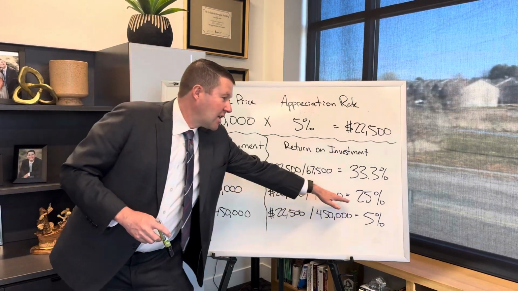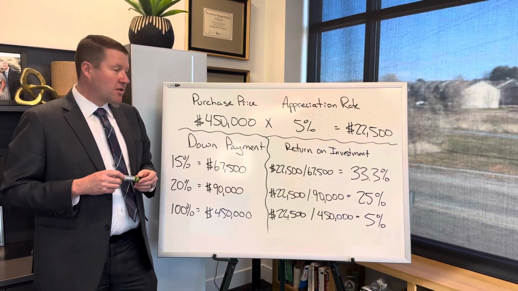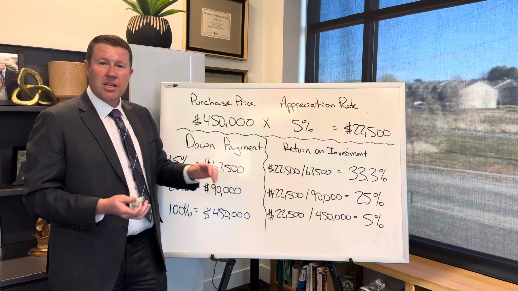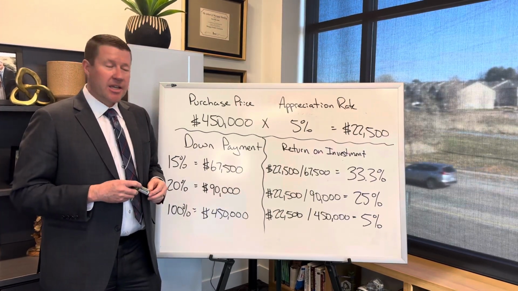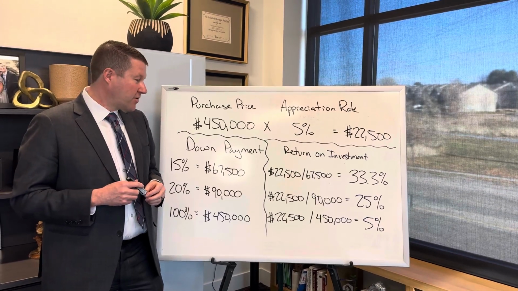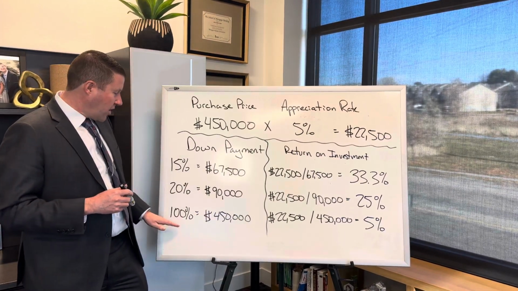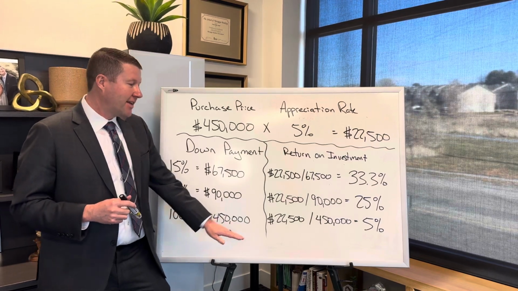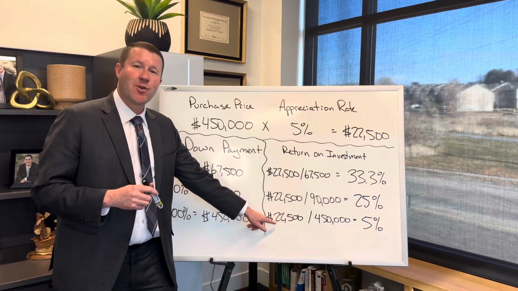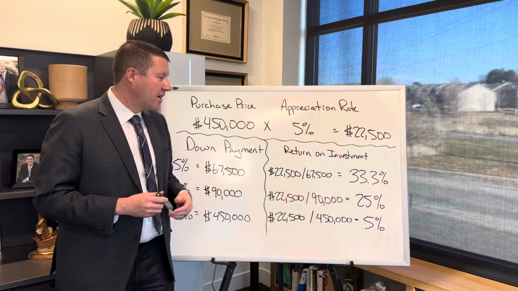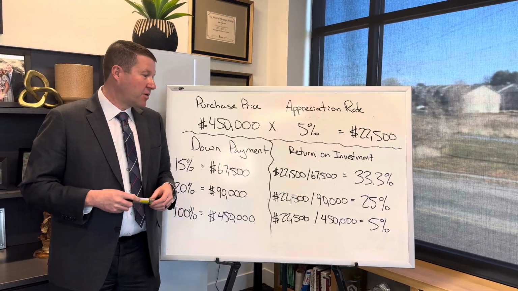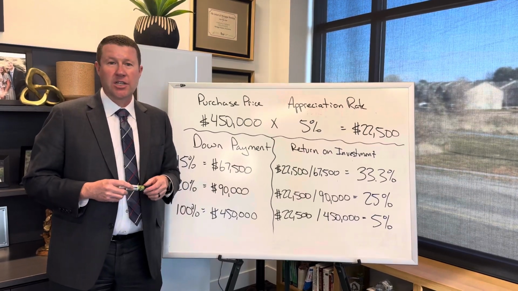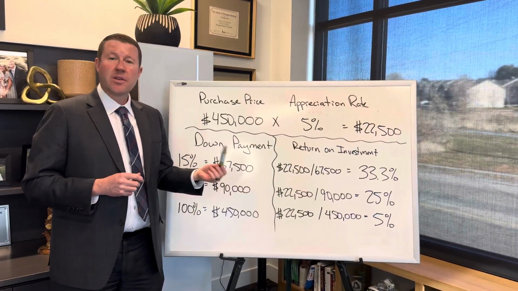Well, you can see that return drops down just a little bit to 25% because that appreciation stayed the same on that amount, but you had to put more cash into play to be able to get that same exact return. And then if we go to the example of a home paid off, if it appreciates at 5%, once again, that $22,500 is back into your original amount. And so that overall return on your cash that you would put into that would be 5% just on the appreciation calculation for your return on investment.